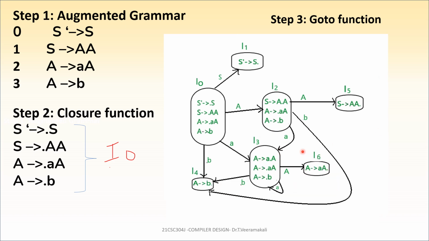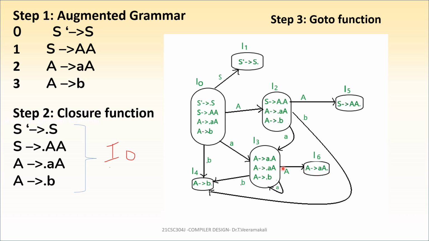If you take I3, in the I3, what is the first rule you have? A tends to dot AA. So this dot will be moved one step right, and you will get A tends to capital A dot. After this dot, you don't have any other non-terminal, so leave it as it is.